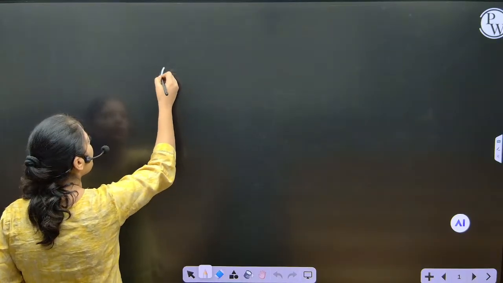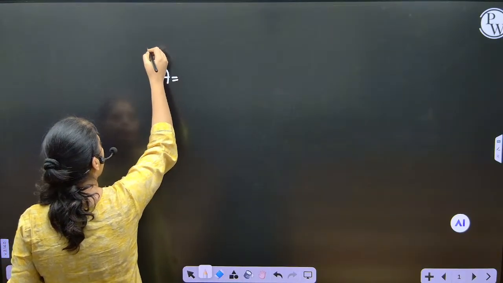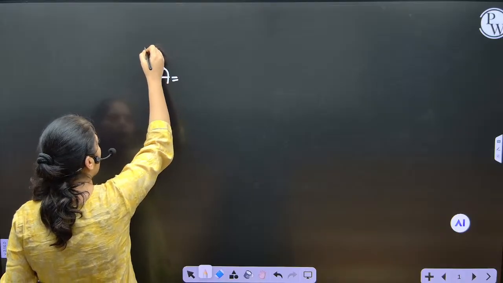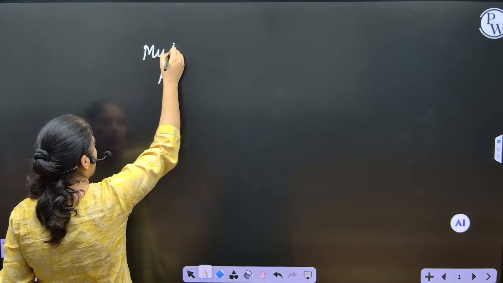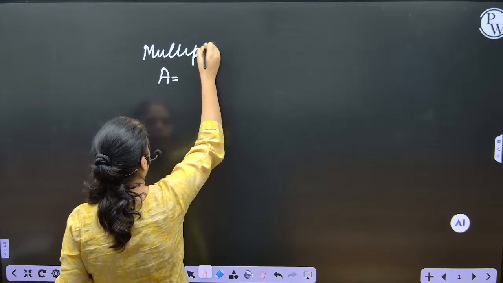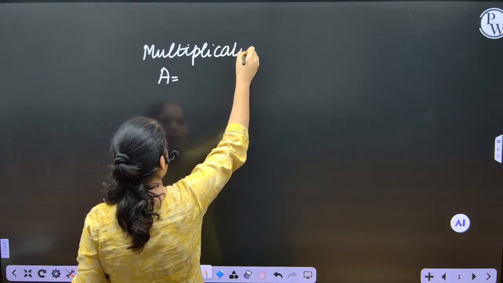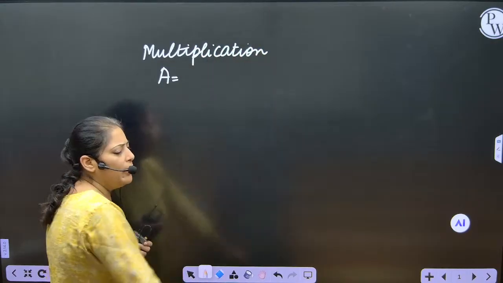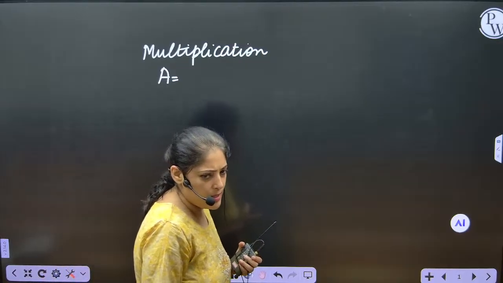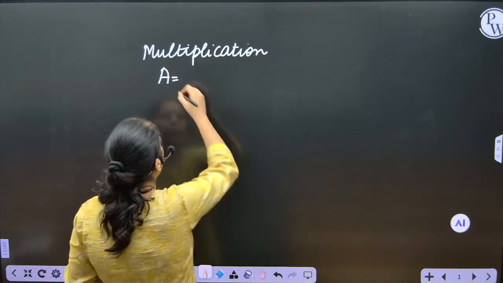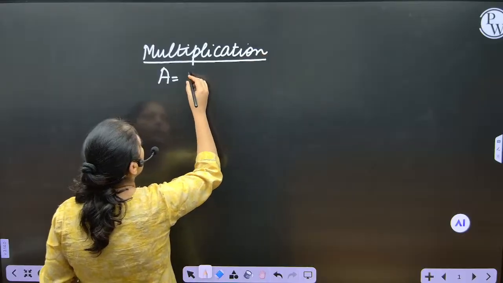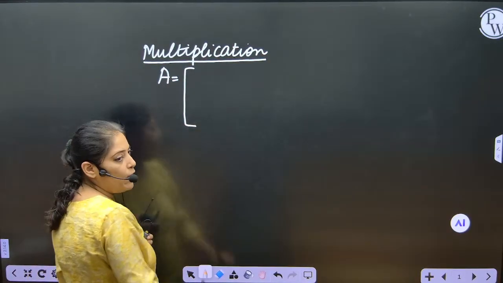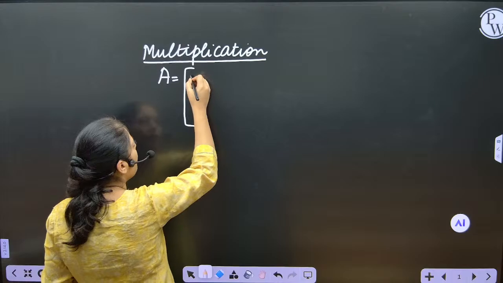Suppose I'm taking one matrix. Multiplication of two matrices you can write. This is the continuation of algebra of matrices only. Suppose A is any 3 cross 3 matrix I am taking.